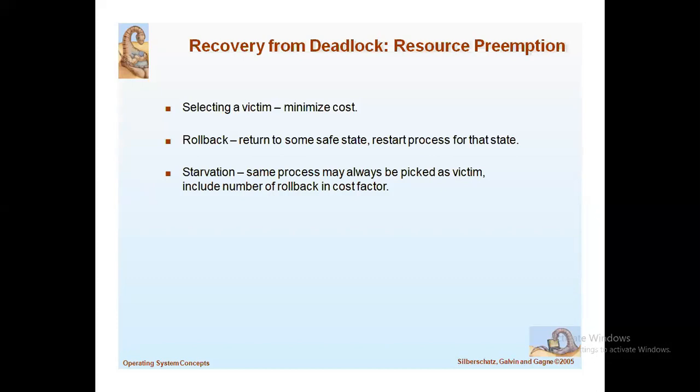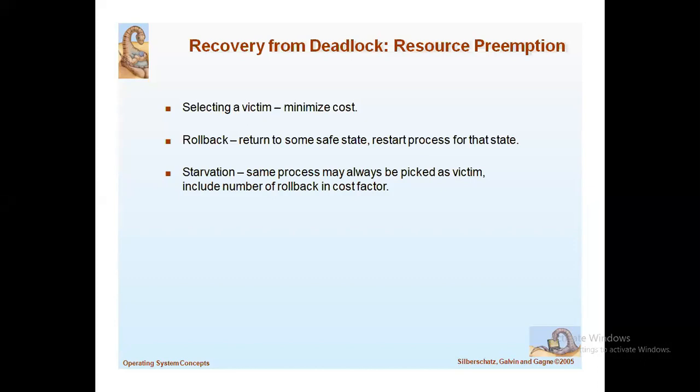So the process is saved at a safe state: up to that point the work executed is stored. When the process gets to execute again, it restarts from that safe state. That is, return to some safe state and restart the process from there. That is nothing but rollback.